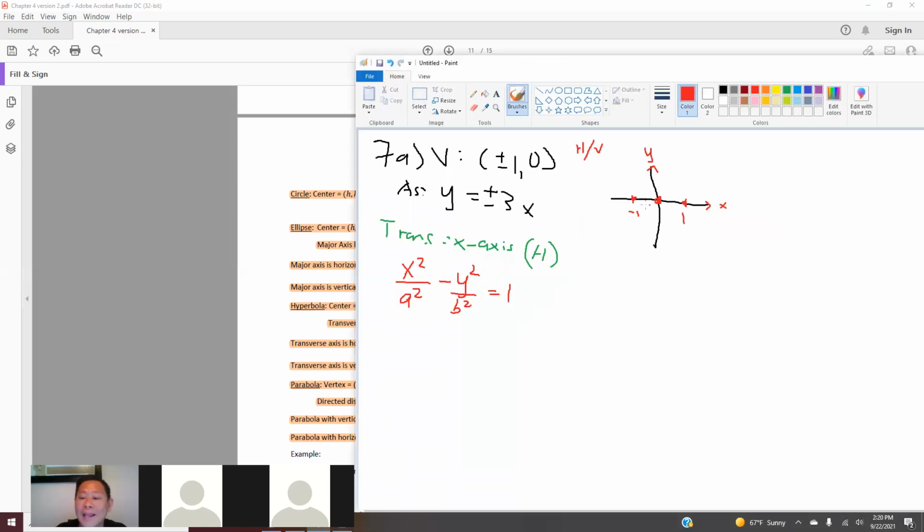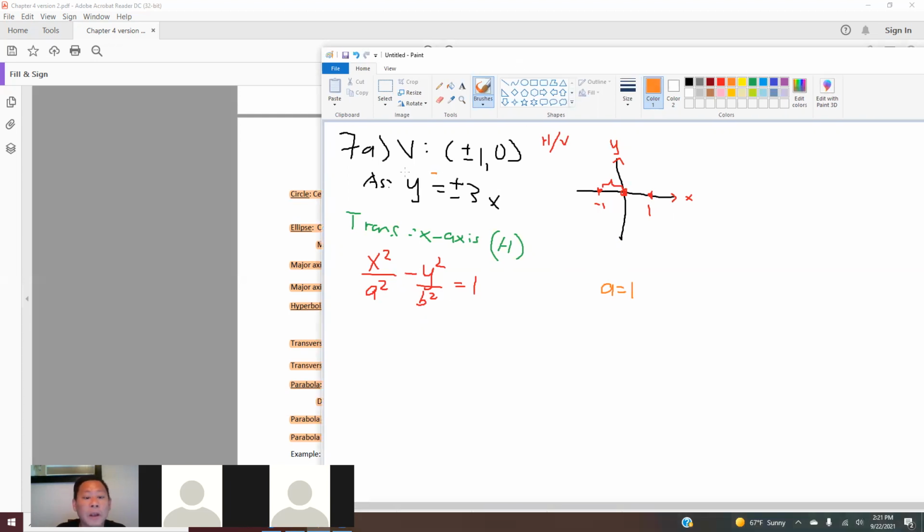As you know, a is the distance from the center to the vertices. So we know a in this case is 1. Okay, now we need to figure out b. What determines b? We have to use the asymptotes here.